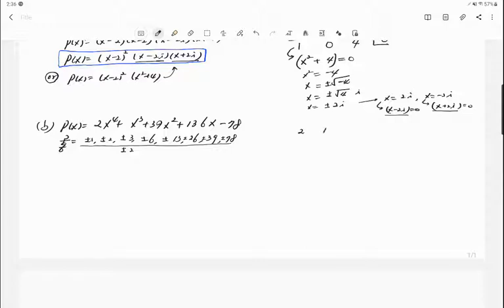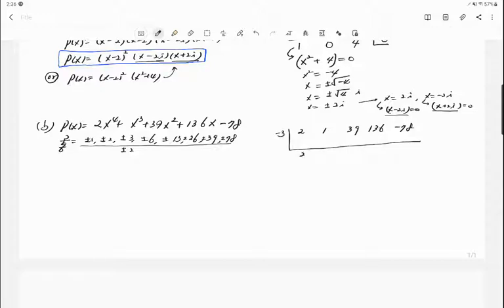Okay, 2, 1, 39. Okay, use the synthetic division. And then try 1, negative 1, 2, negative 3, negative 2, positive 3, negative 3, and so on. So when you try negative 3, the remainder becomes 0.